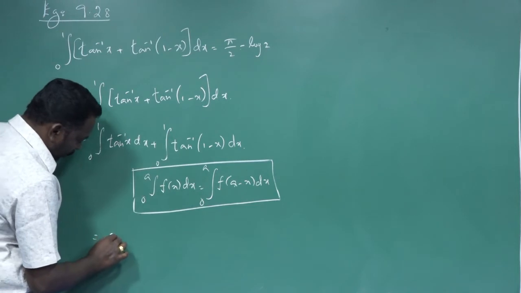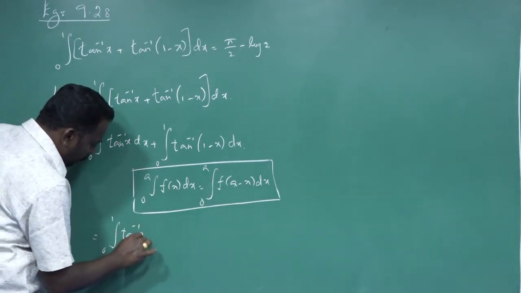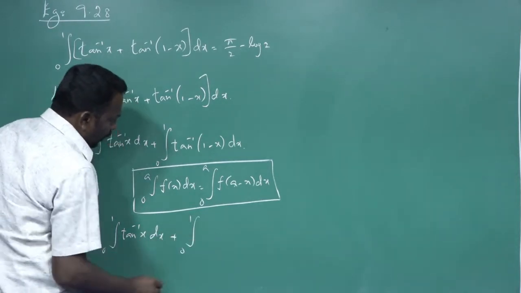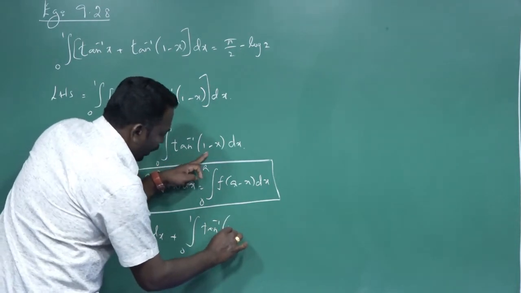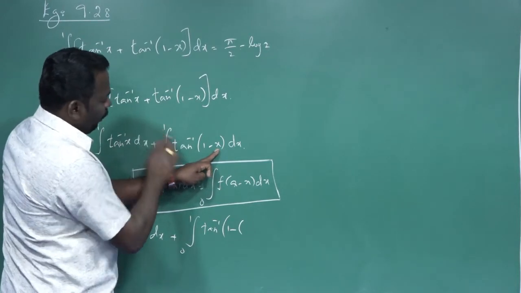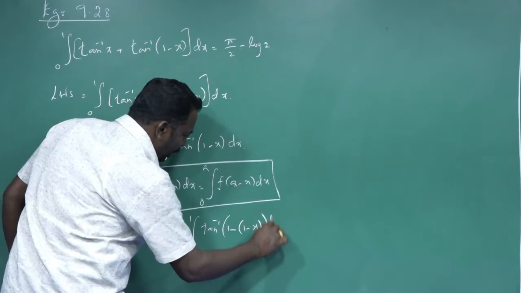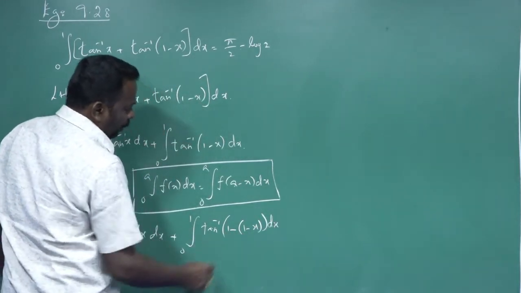First term as it is, integral from 0 to 1 of tan inverse of x dx, plus integral from 0 to 1 of tan inverse of 1 minus, instead of x we can write a minus x, where a is 1, so 1 minus x, dx. Now multiply the bracket.